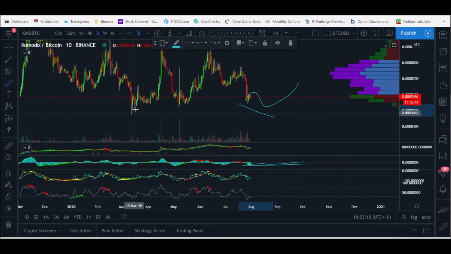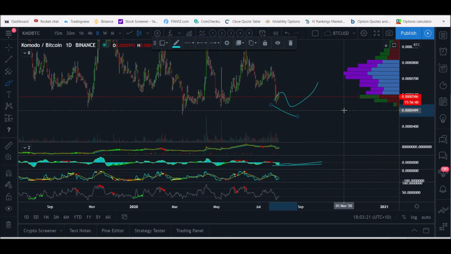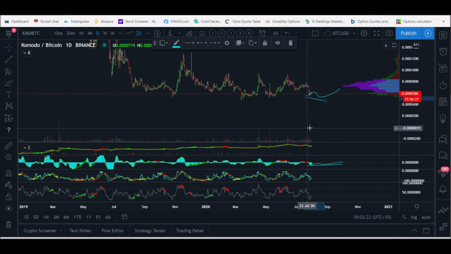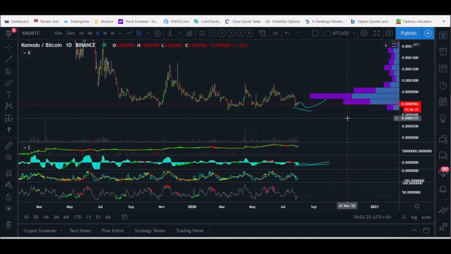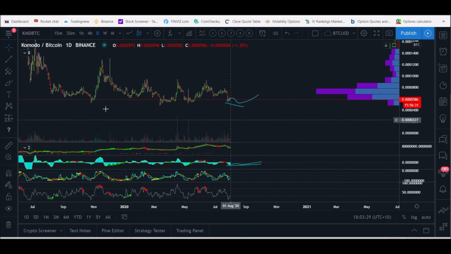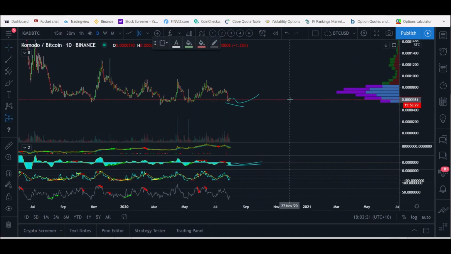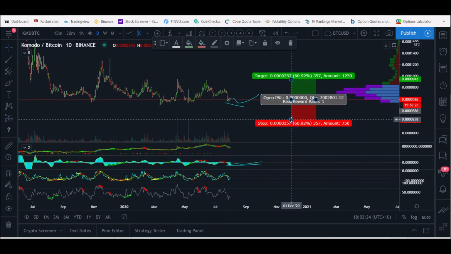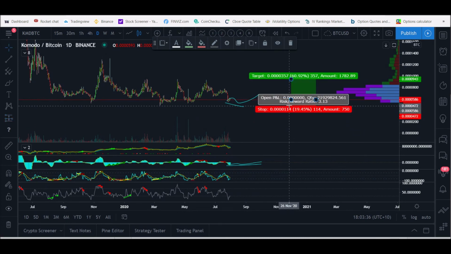We do have this wick to play with, but when you look at it from a long-term buy perspective, your low is right here. I mean, if you wanted to really look at our risk reward, we're risking to this low here.